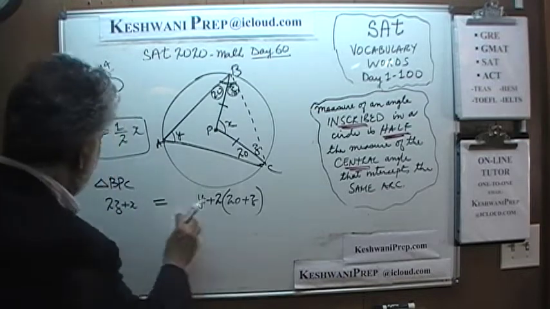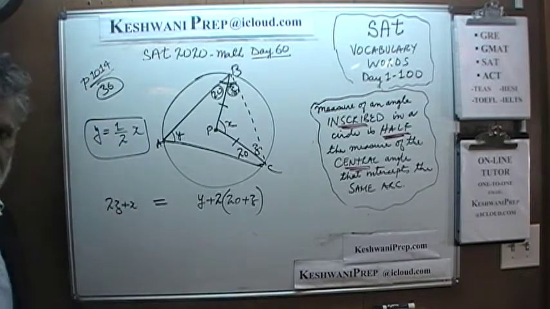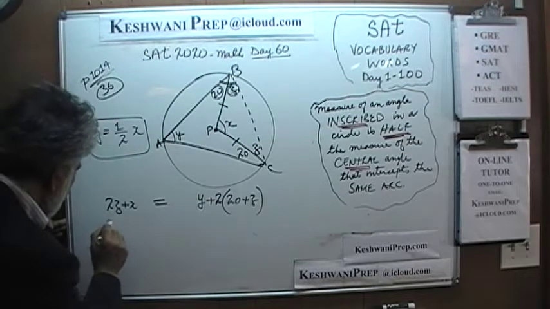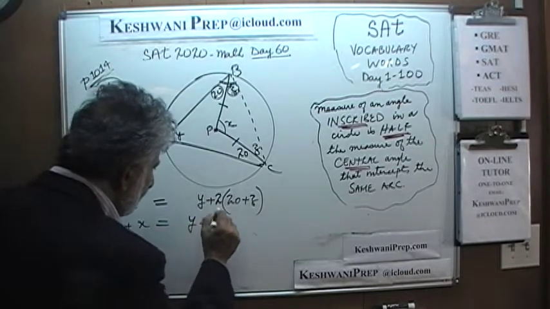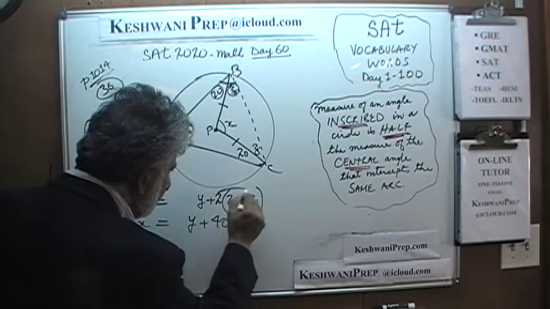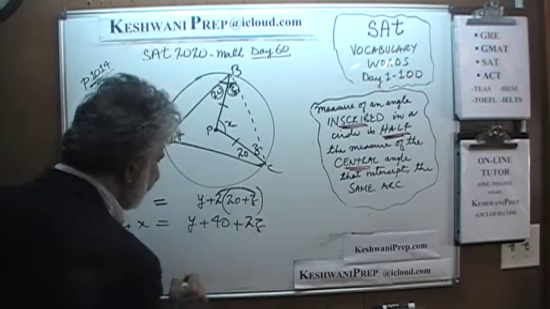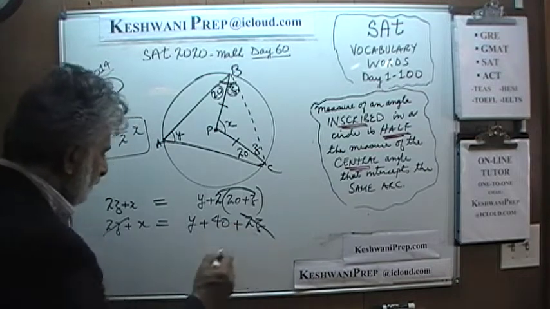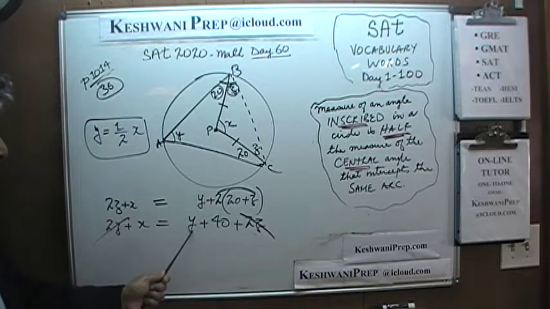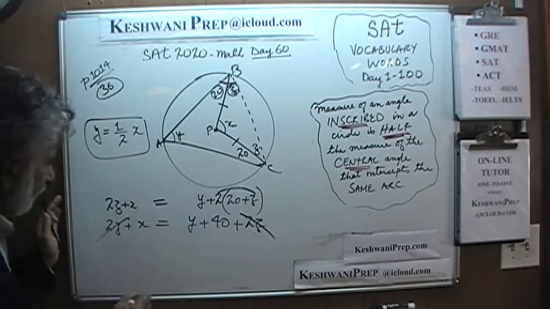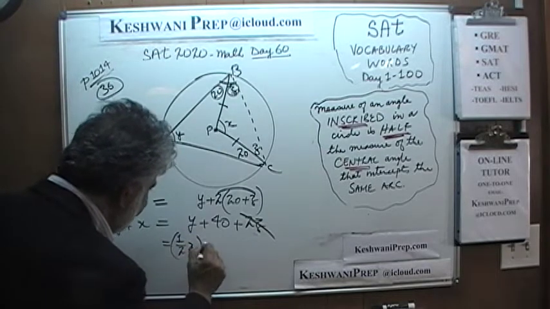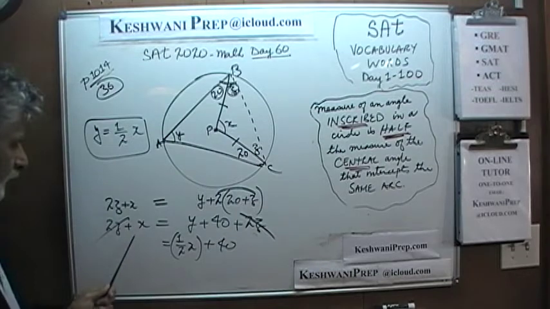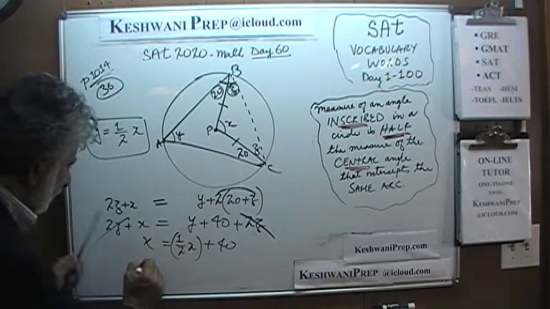You can erase this part. And now we can start our story. So we have 2Z plus X equals Y plus 40 plus 2Z. And the 2Z's are going to drop out. Everything so far? And Y we know is equal to half X. Now X, here we have X here, that comes down.